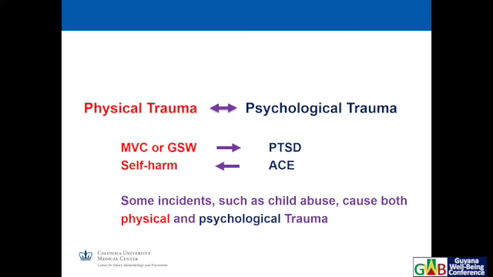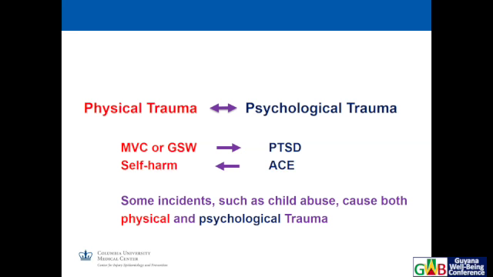I listed a few examples here: being involved in a serious motor vehicle crash or a gunshot wound could lead to PTSD. On the other hand, adverse childhood experiences, or ACE, which are psychological trauma, could increase the risk of self-harm or depression, and self-harm, say by cutting, by hitting, or by overdose, could cause physical trauma.